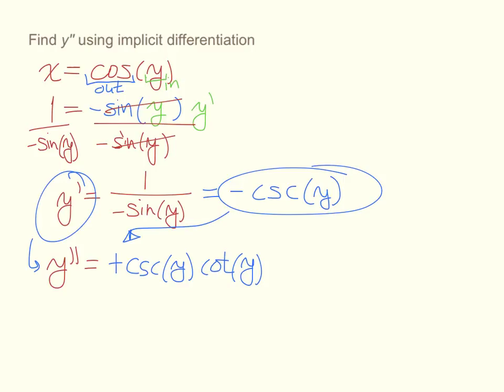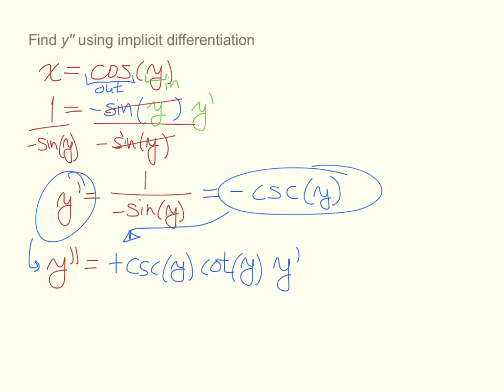So we have to take the derivative of the inside function, and the derivative of y, if we treat it like x using the power rule, would just be 1. But since, again, we are taking that derivative of y, we need to write the y prime right afterward.